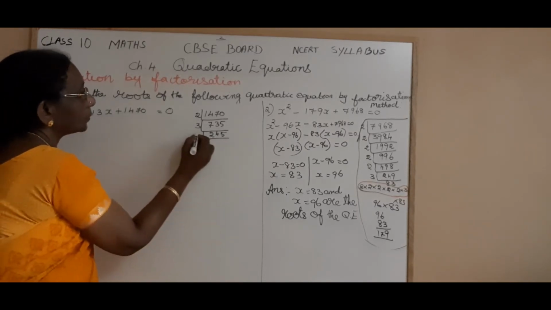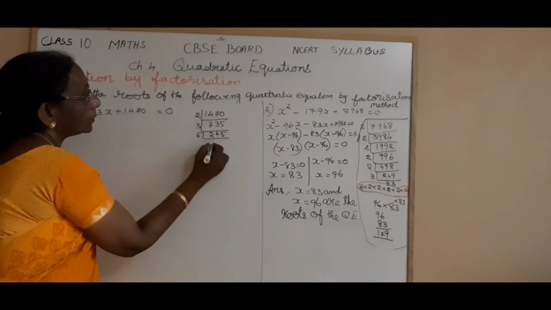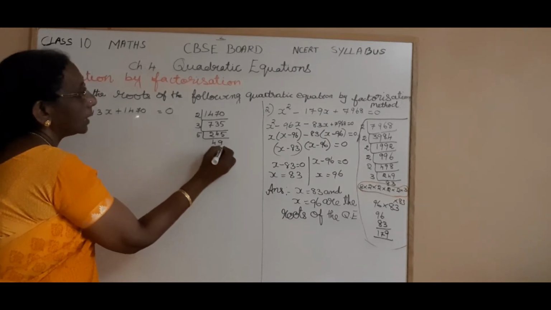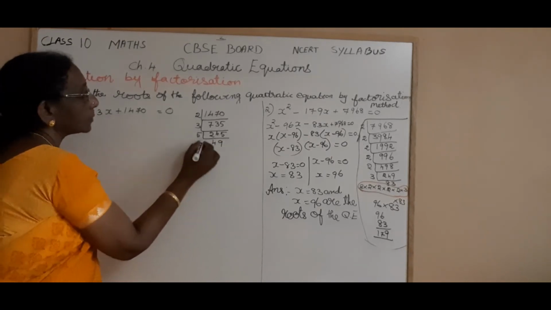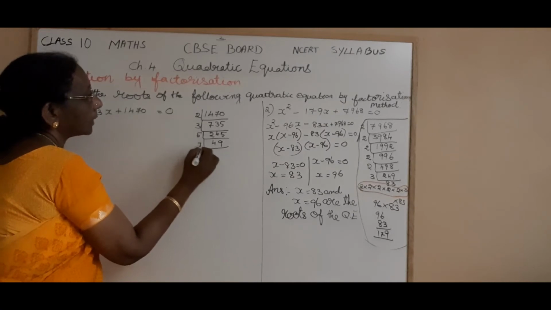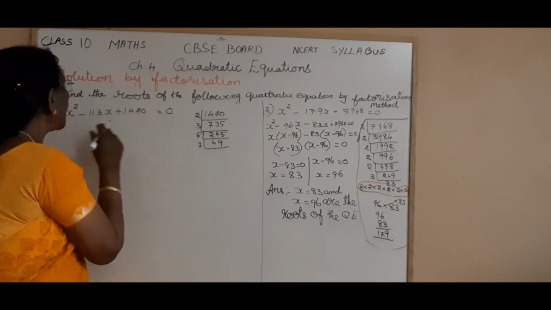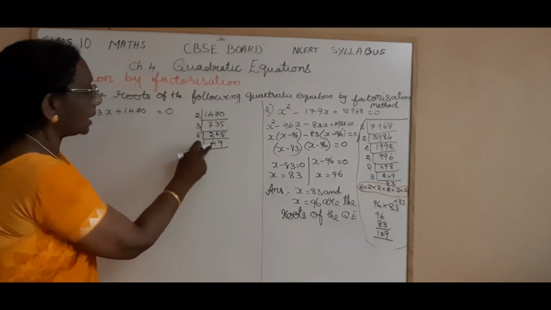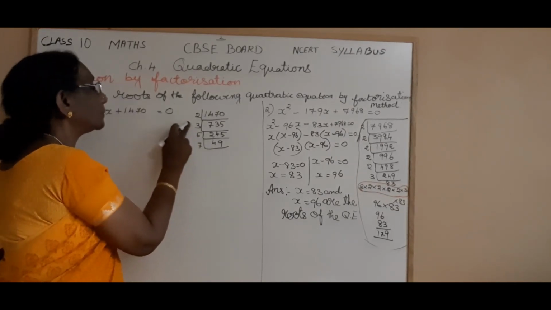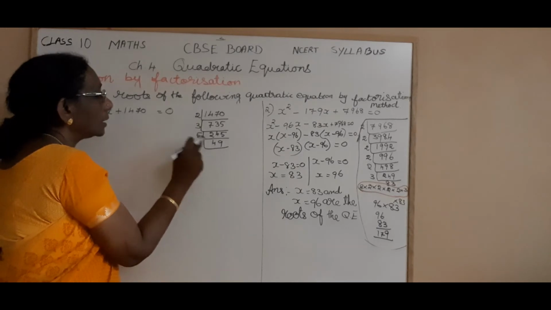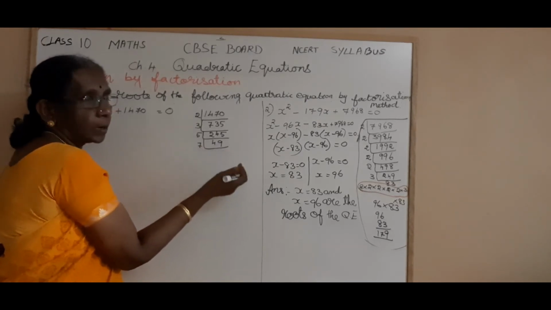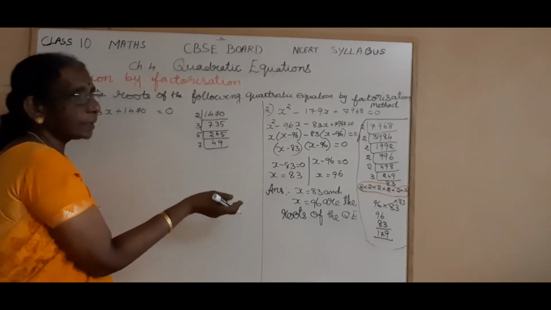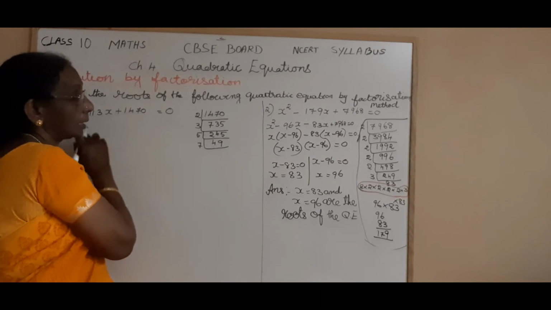So let us move to 5. 5 4s are 20, 5 9s are 45. Now 7. Here we have to get 113. So now you can add and check here. 5 3s are 15, 15 2s are 30. 30 and 49 if you add only 79, but you have to get 113.